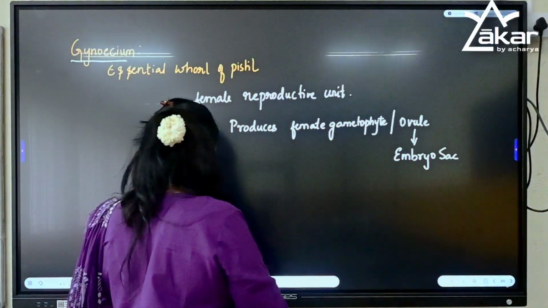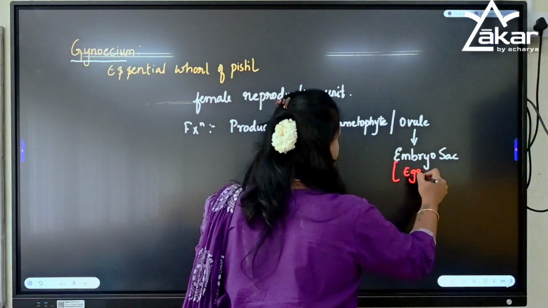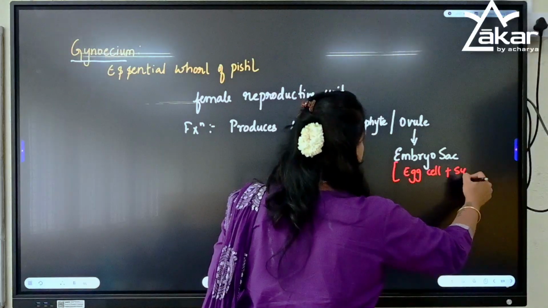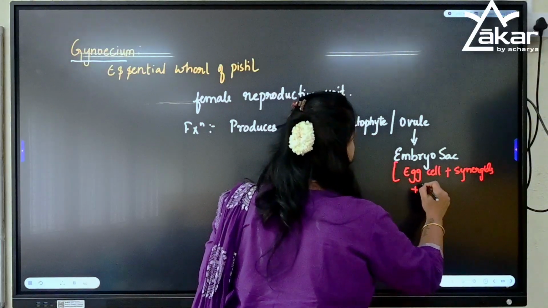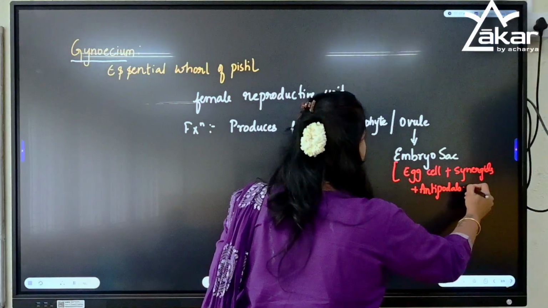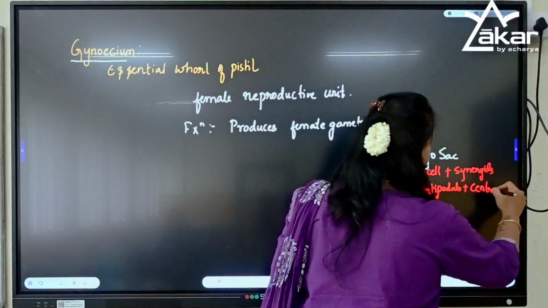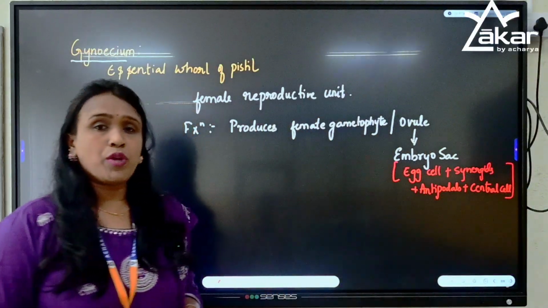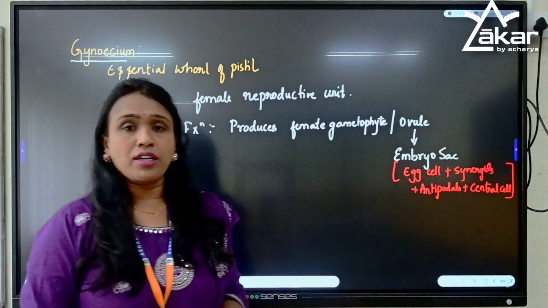This embryo sac contains an egg cell plus synergids plus antipodals and central cell. So the composition of the embryo sac is egg cell, synergids, antipodals and central cell.